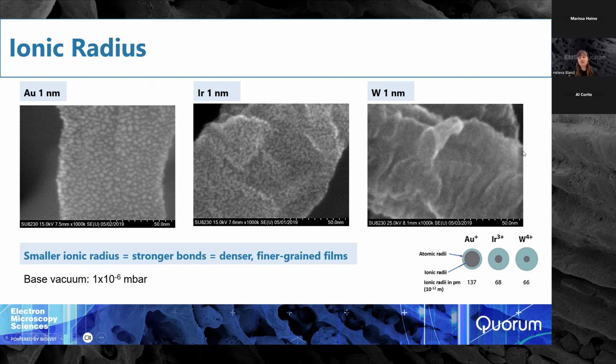And then with our tungsten, we're actually struggling to see the coating layer because it's sufficiently densely and finely packed. So in general, a metal with a smaller ionic radius will produce a denser, finer grained film, so it will be better for the higher magnification imaging.